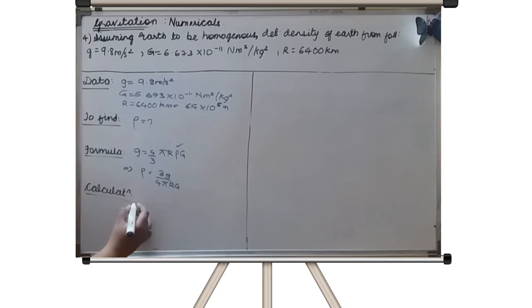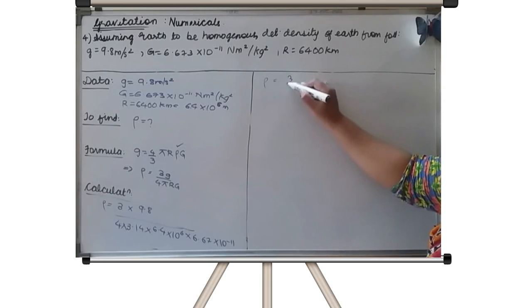Let us just substitute the values. Rho is equal to 3 into what is g? 9.8, upon 4 into 3.14 into what is R? 6.4 into 10 raised to 6. And what is G? 6.67 into 10 raised to minus 11. Let us take out the power first.